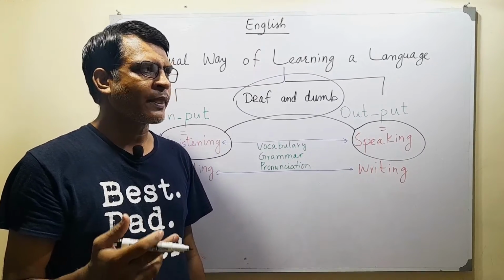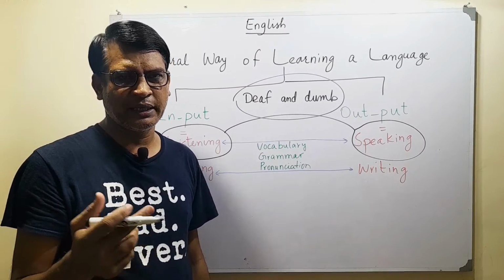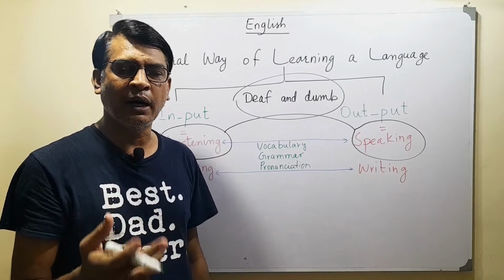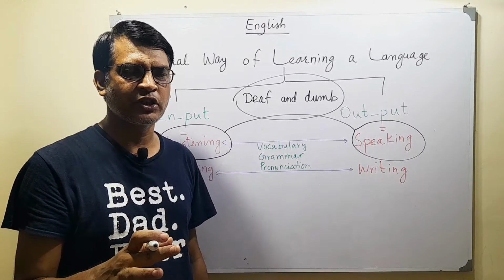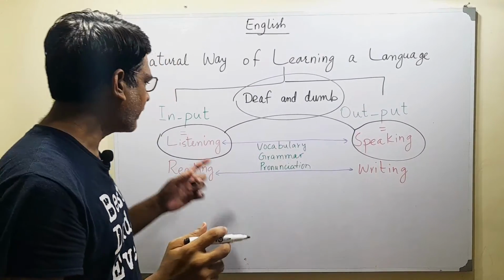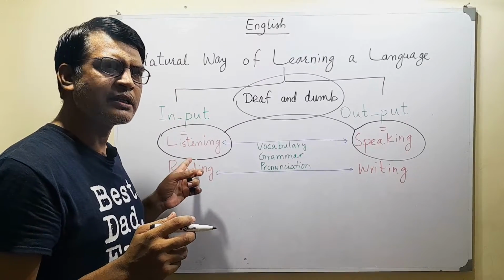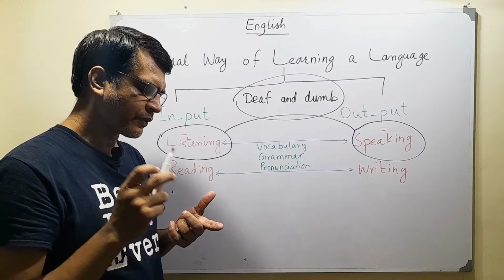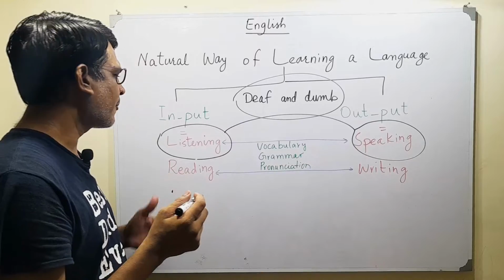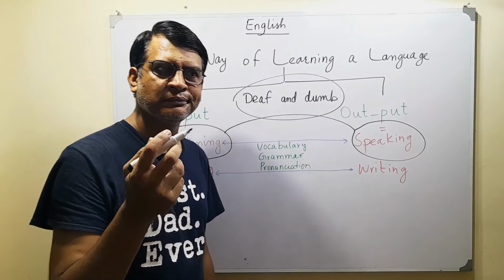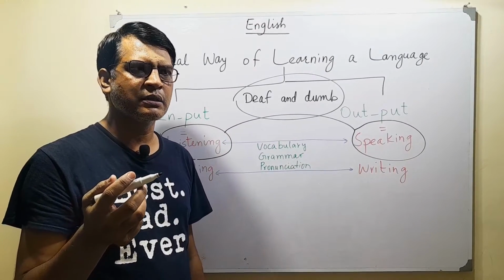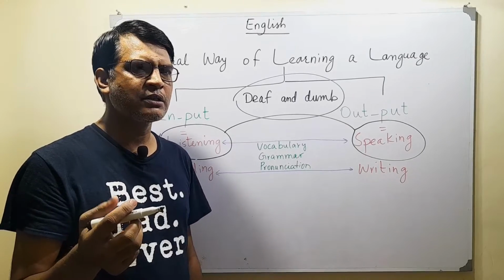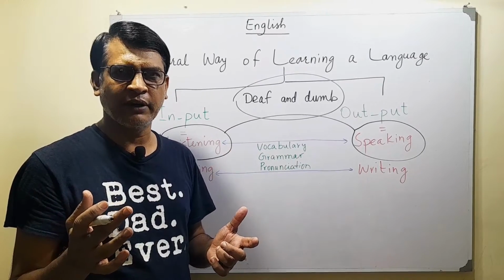If you want to have a wonderful command over the English language, what do you have to do? You have to listen. And listen to what? Listen to conversations, music, discussions, anything that is available.